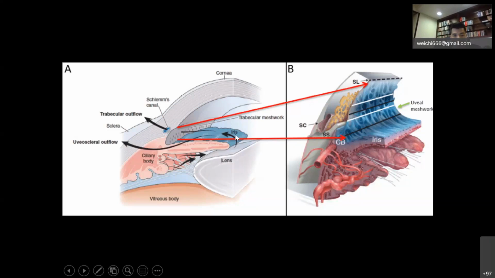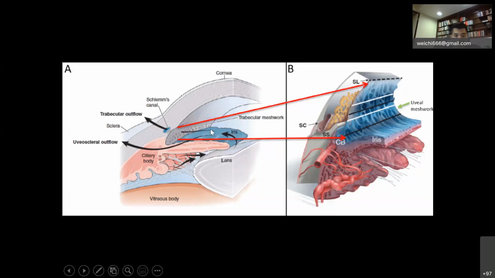Aqueous is a fluid that contain a lot of nutrient, especially high in the concentration of vitamin C, which is a very strong antioxidant, and that would help protect the ocular tissue from free radical damage. So the ciliary body constantly would produce this aqueous, and the aqueous would leave from the ciliary body, from the posterior chamber, and move through here to the anterior chamber.